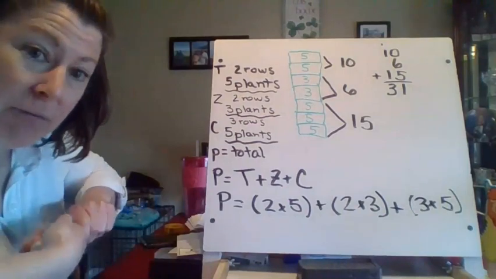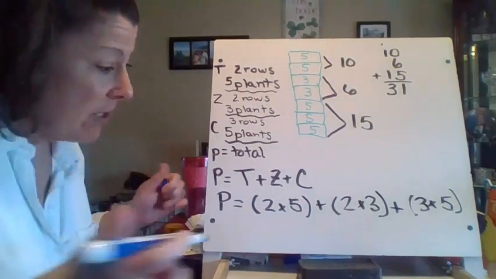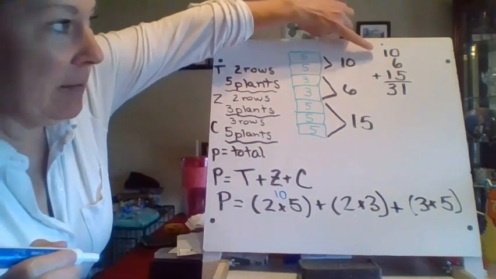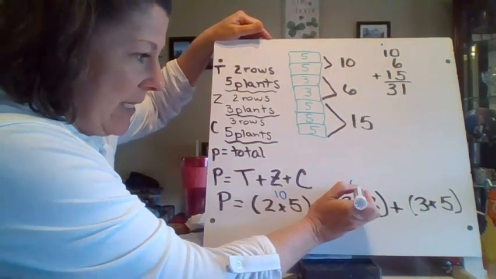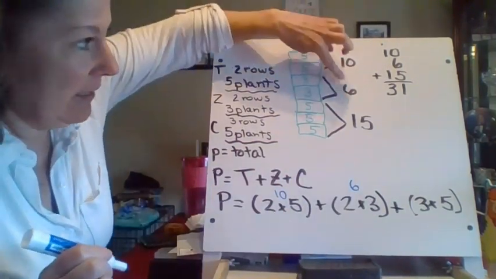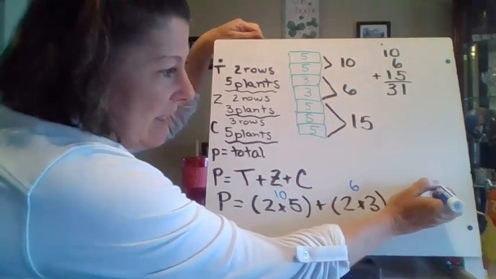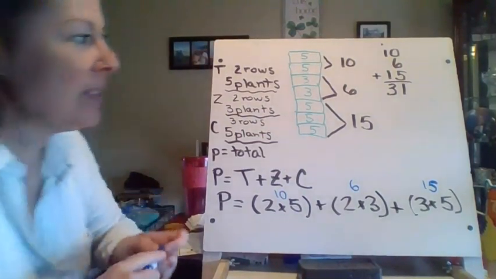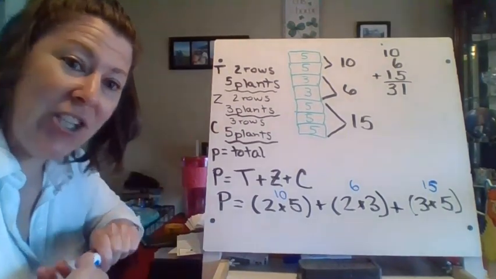2 times 5, when I go to solve this, remember those parentheses are saying, solve me first, solve me first. 2 times 5 is 10. There's that 10. 2 times 3 is 6. There's that 6. And 3 times 5 is 15. And there's that 15. This was a pretty challenging equation.